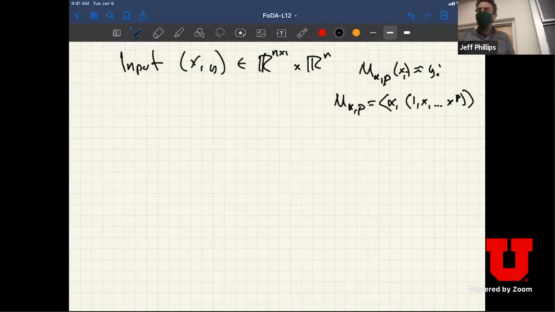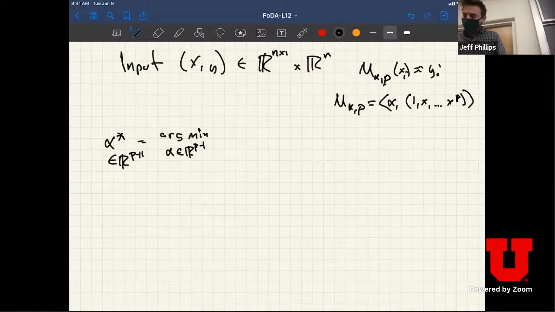And so again, our goal is this alpha star, which is going to be in R^(p+1), the arg min over all these alpha, again in R^(p+1), of some sum of squared errors.